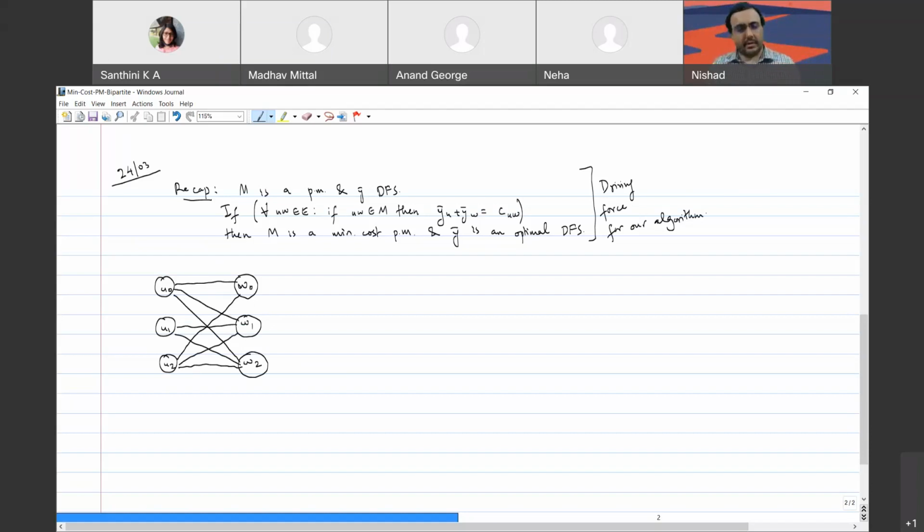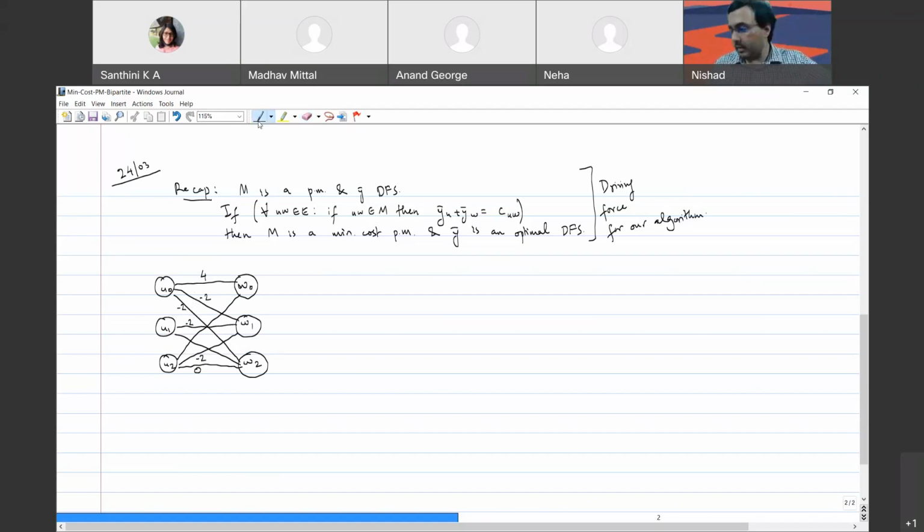And let us say the costs on the edges are given to us, right? And remember, the costs need not be non-negative in this case. So I'm actually going to deliberately choose some negative numbers so that there is no misunderstanding. So these are 4, minus 2, minus 2. Let's say this is minus 2 and this is 2 and this is 1, minus 2 and 0. Is it clear which number indicates which edge?